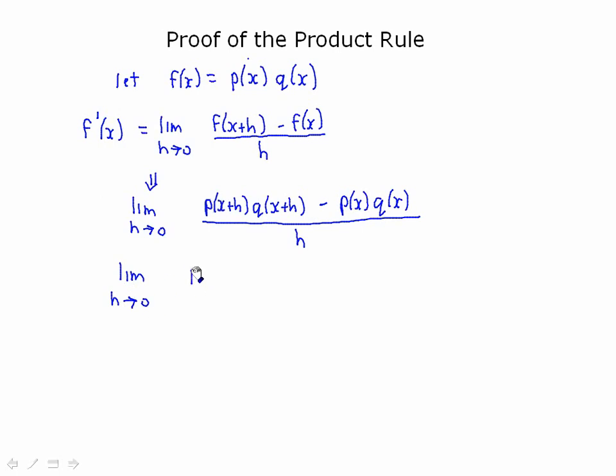What they did, offhand, I don't know who actually came up with this proof. It might have been Newton and Leibniz themselves. I'm not sure. They did the old add and subtract trick. So out of the blue, they introduced the subtraction of this term, minus p at x, q at x plus h.